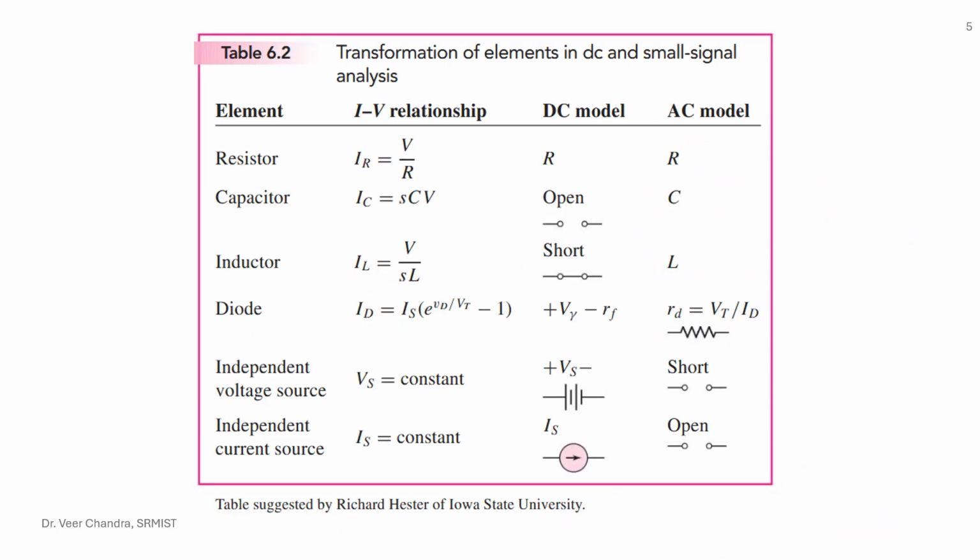We are going to study both analyses, meaning how your BJT amplifier will act if you supply a DC signal, and how it will act if you supply an AC signal. I hope all of you are aware that there are two different types of signals, DC and AC.